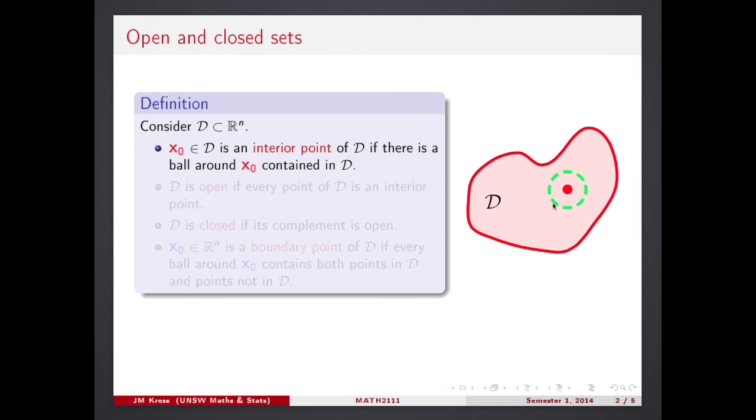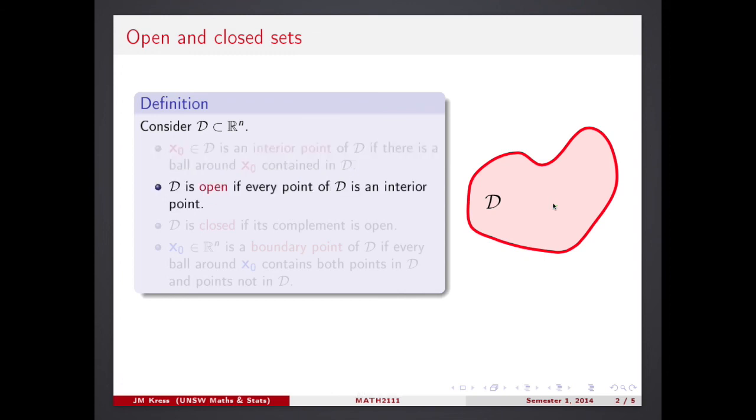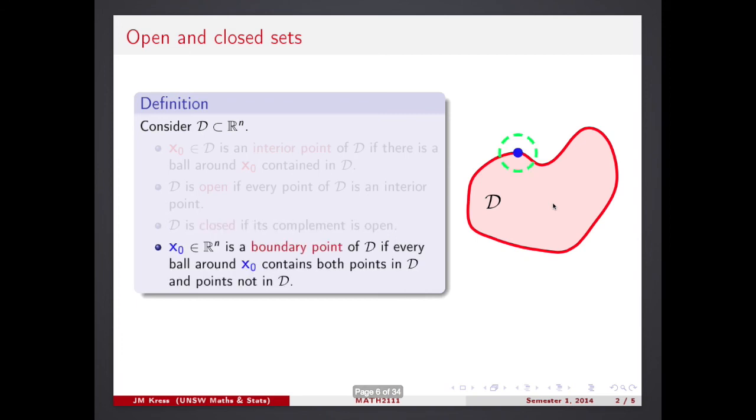So if a point belongs to a set together with the whole neighborhood around it, then we call it an interior point. And if every point in the set is interior, we call the set open. Closed is the one which is a complement to open.